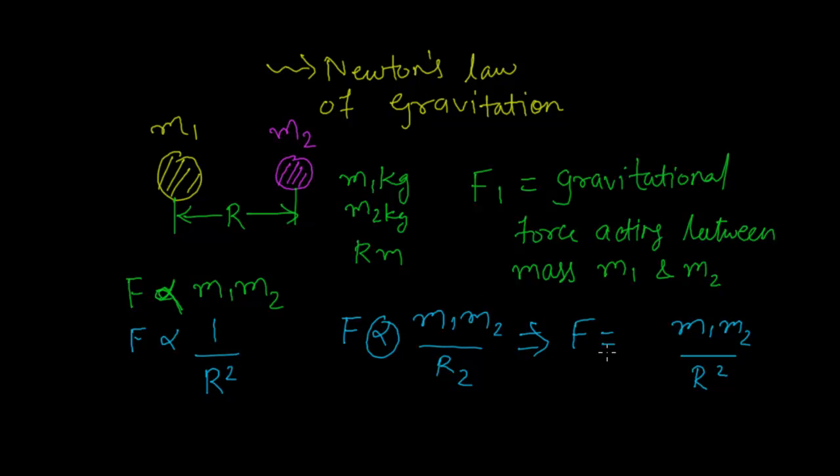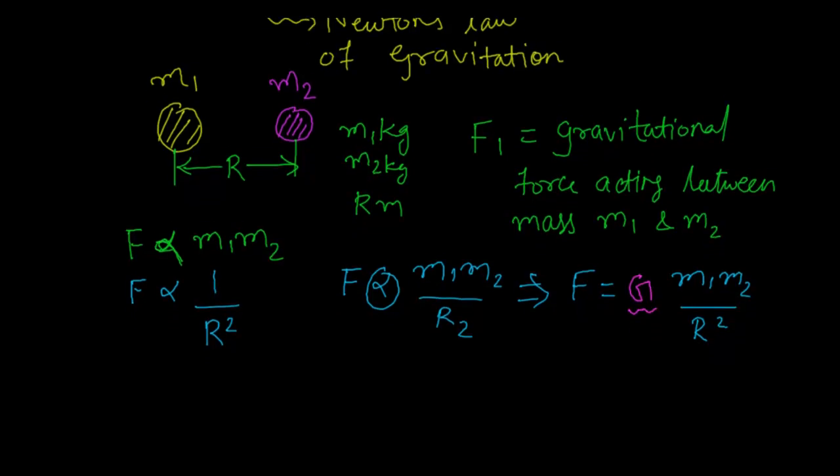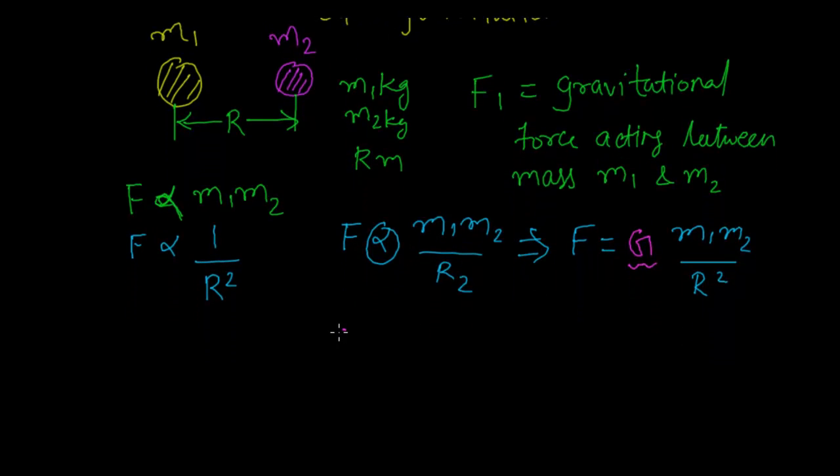That constant is k. Now that constant k, in case of gravitation, is replaced with G. This G is called the gravitational constant or universal.